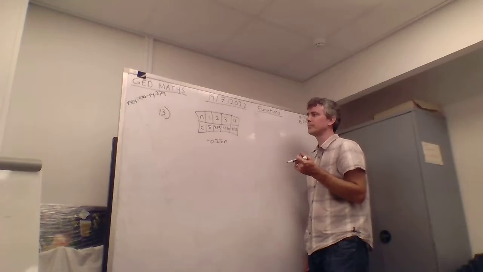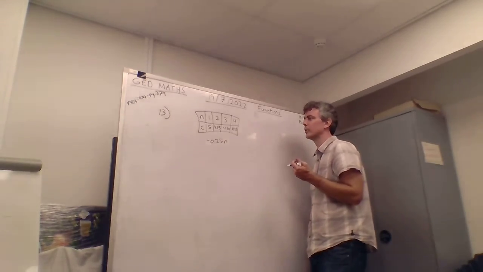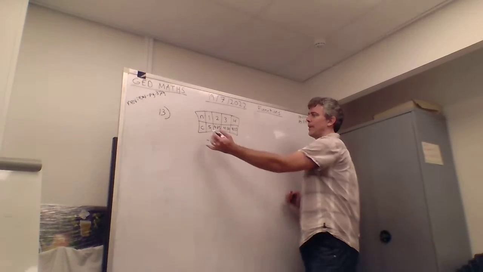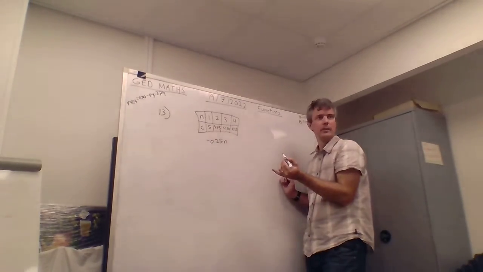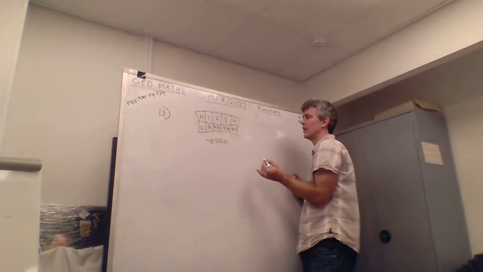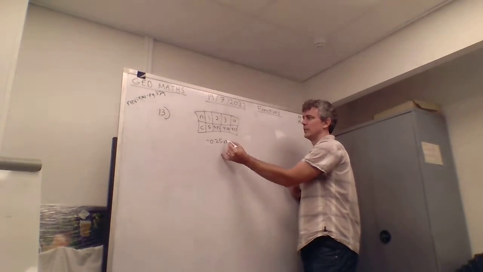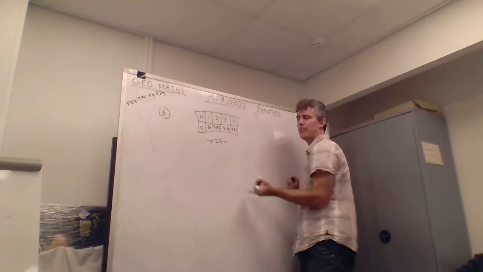But what we're looking at is we're starting at 5. So if n equals 0 here, this one would go up by 0.25.